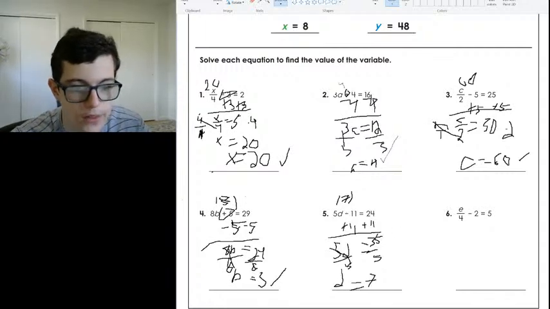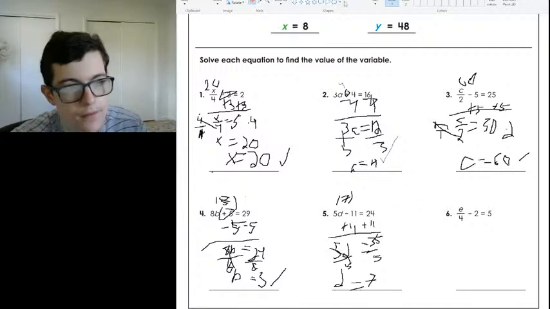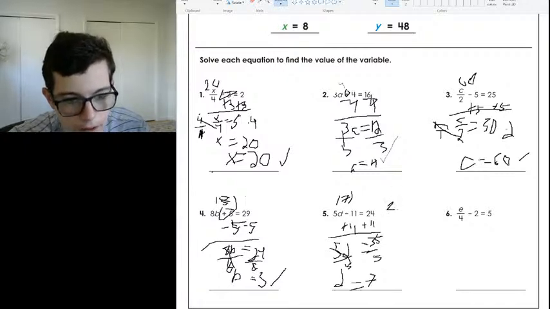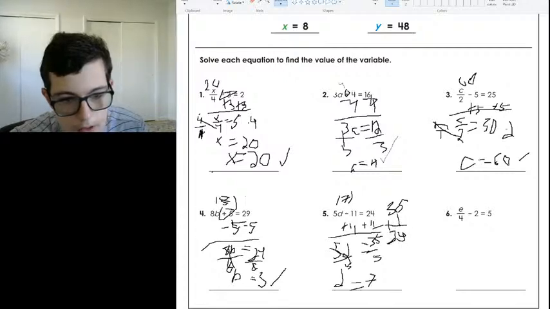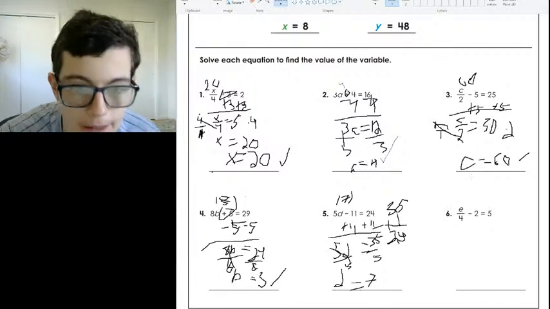But if you want to see the actual math illustrated, 35 minus 11 is 24, giving us 24 equaling 24, so our equation rings true.